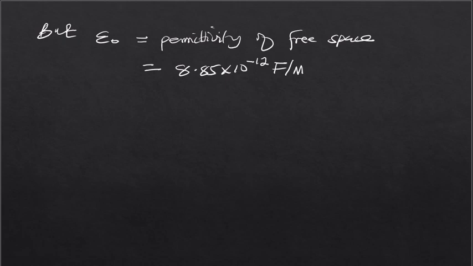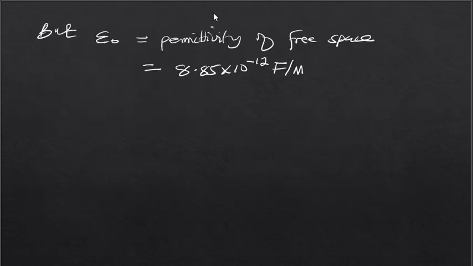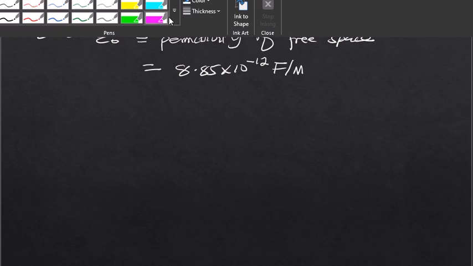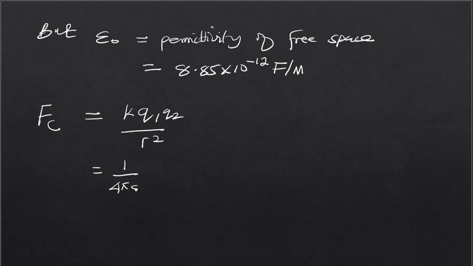So from this expression, we can simply put that the force of attraction or repulsion, Fc is equal to K Q1 Q2 divided by r squared, and is the same thing as 1 over 4 pi permittivity of free space multiplied by Q1 Q2 divided by r squared.